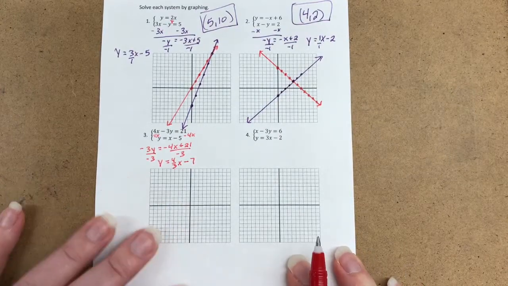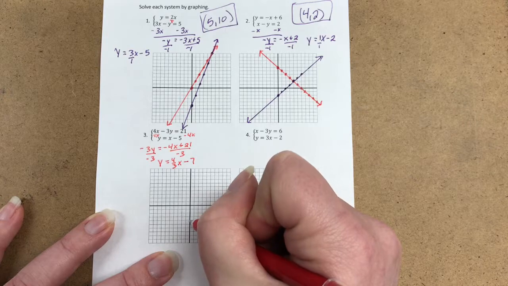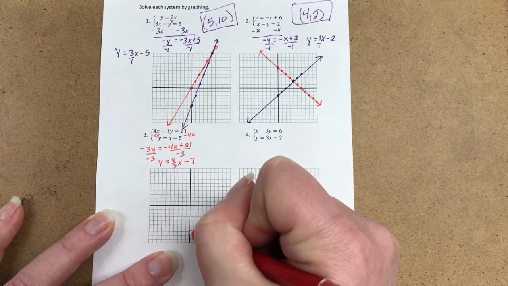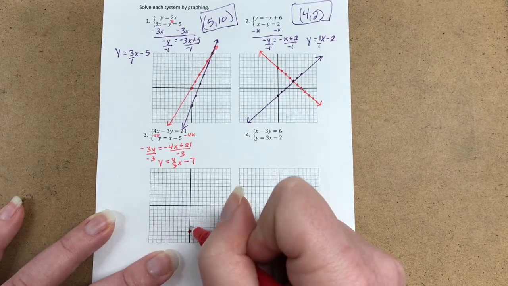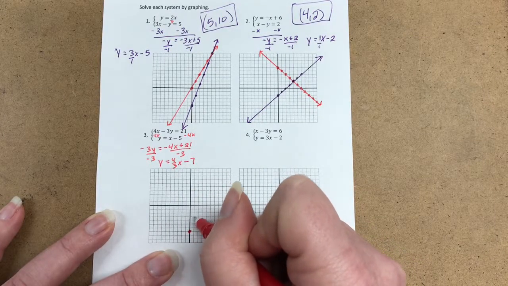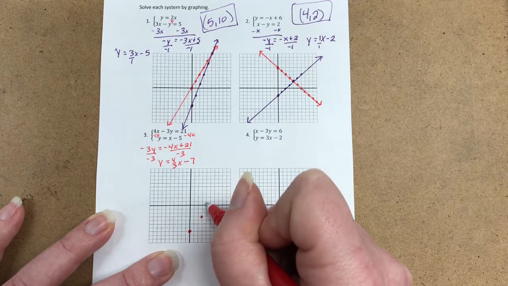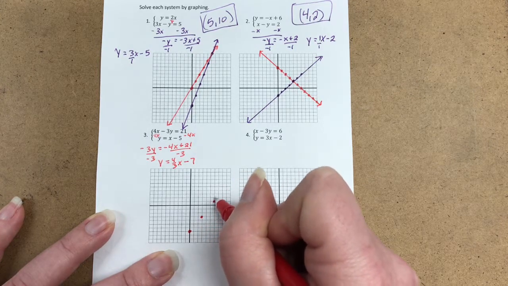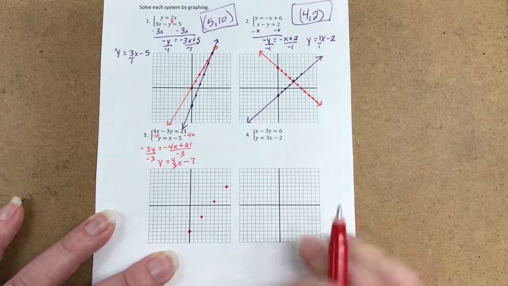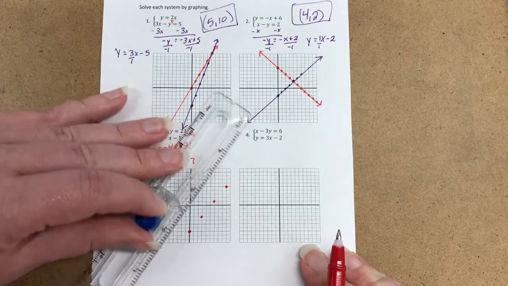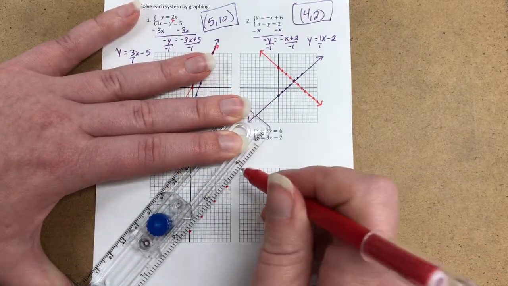Now I can graph my y-intercept of -7, and then I use my slope of 4/3, so I have to go up 4 and right 3. Then use my straight edge to draw my line.